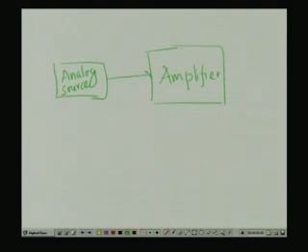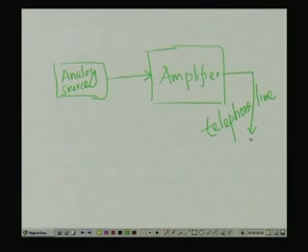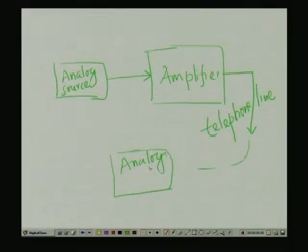I can directly feed these inputs and put them on, say, my telephone line. So, it is going through the telephone line, and at the other end there is an analog receiver.